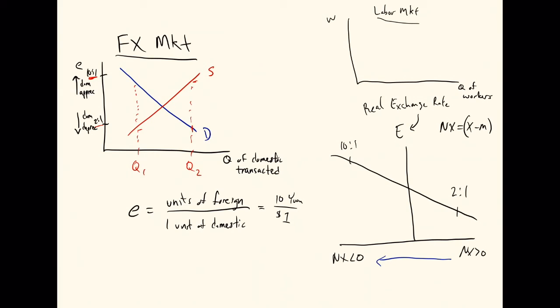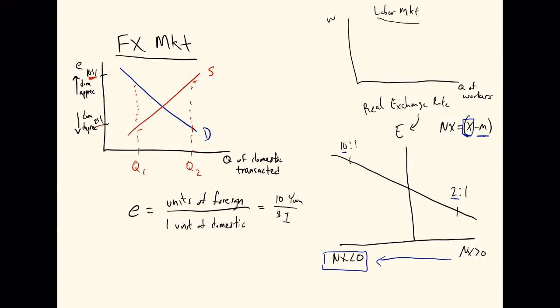So we know that if we move from 2 to 1 to 10 to 1, U.S. goods and services are becoming relatively less attractive, and imports are becoming more attractive because we can buy, in this case, 5 times as much, which increases Chinese imports into the U.S. and also decreases the relative attractiveness of U.S. exports to China, therefore leading to net exports of less than 0, or a higher M than X.